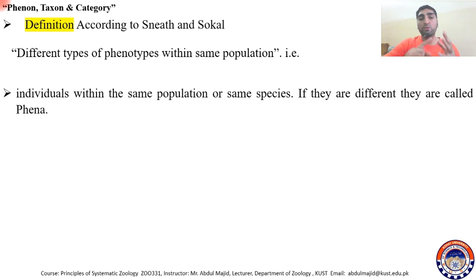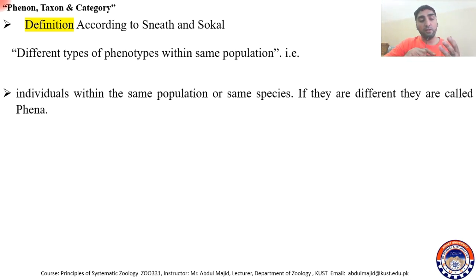So individuals within the same population or species, if they are different, they are called phena. So, if in a class of 50 students, 10 students have green eye color that is different from the rest of the class, this is the green eye phena, and the other one is the black eye phena. So the rest of the 40 have black eyes, so that is the black eye phena, and the 10 students who have green eye color are a different phena.